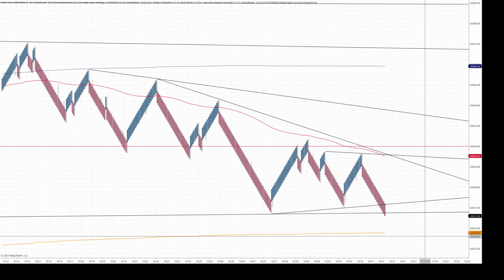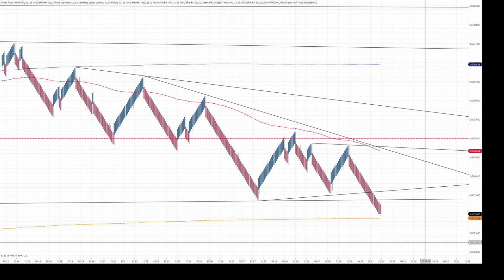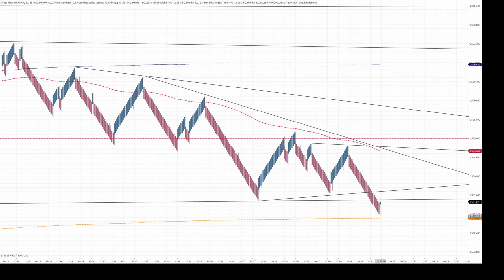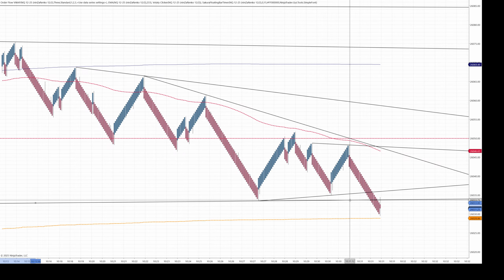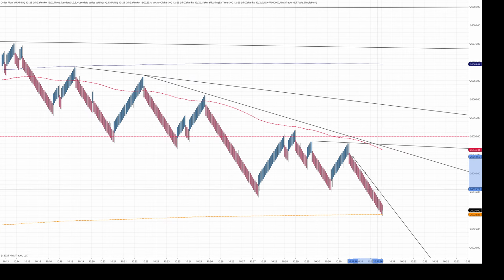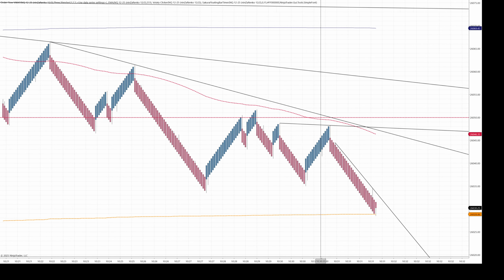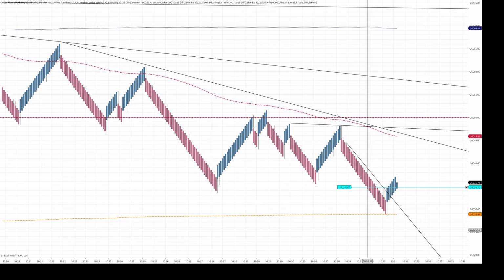Now, if it comes all the way down to VWAP and we get a reversal, we're going to take it back up. I would have preferred it actually touch VWAP. So this is a reversal here. Can I get into it?